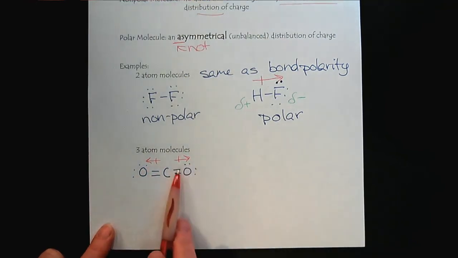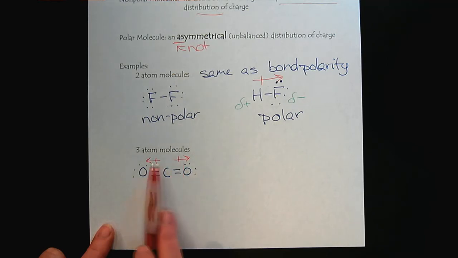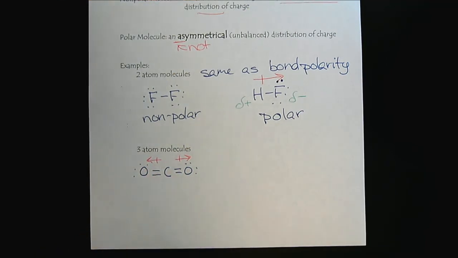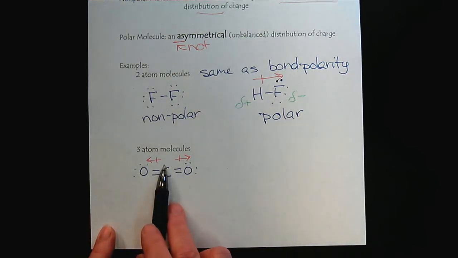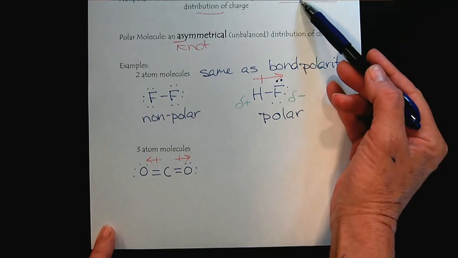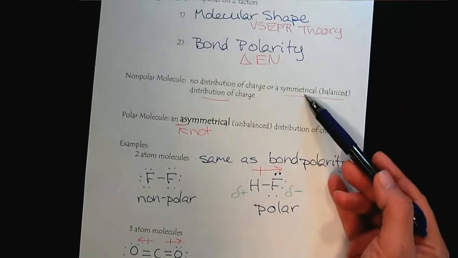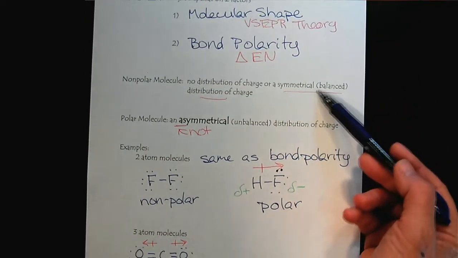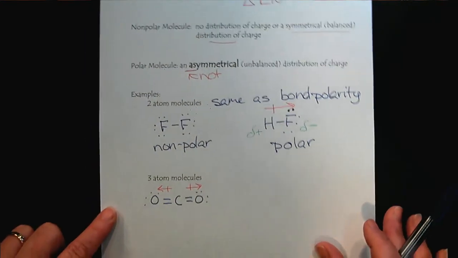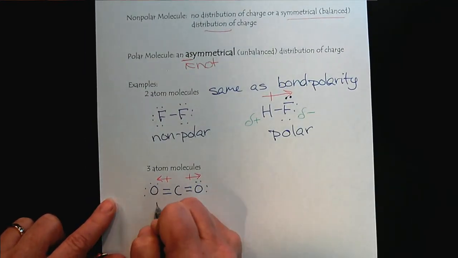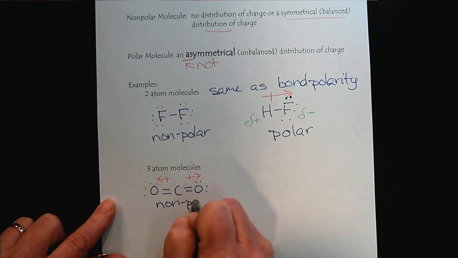However, this dipole moment is equal and opposite to this dipole moment, so they cancel out. So even though we have polar bonds present, we end up with a symmetrical, balanced distribution of charge. So for CO2, it's nonpolar.